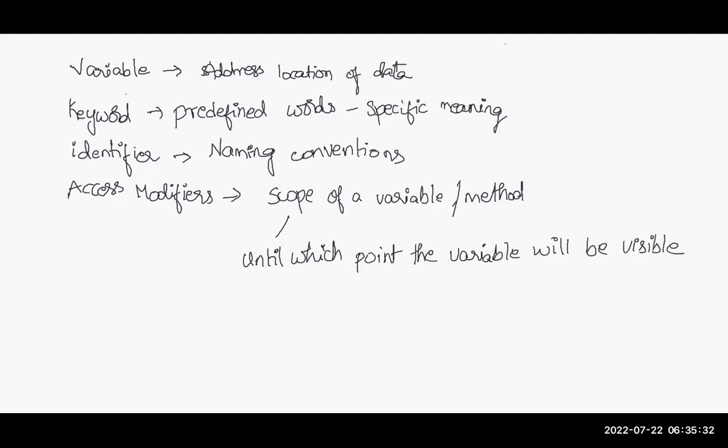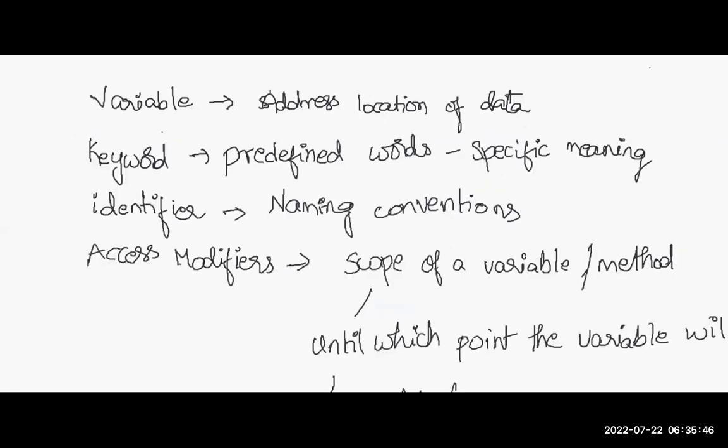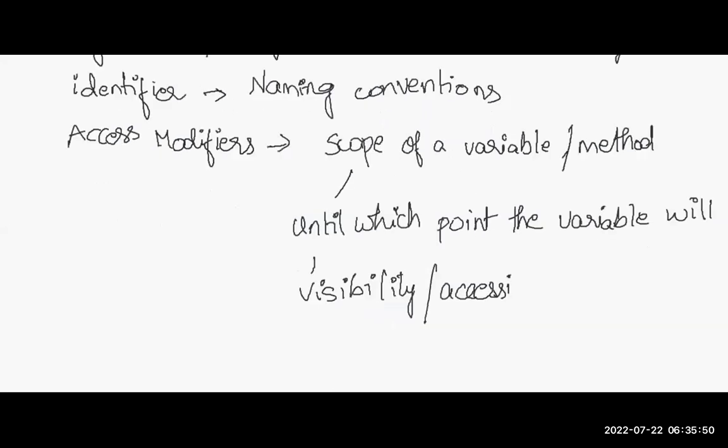That means it will specify the visibility of a variable. In simple words, I can say visibility or accessibility of a variable or a method.